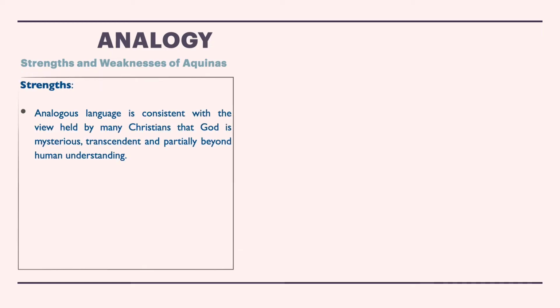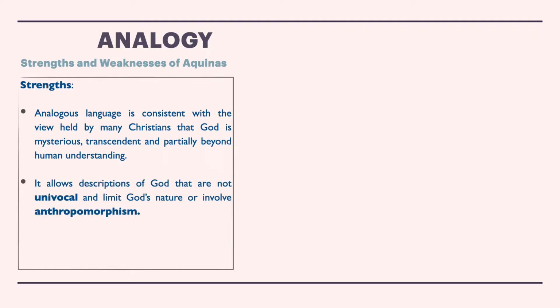Some strengths are that analogous language is consistent with the view held by many Christians, that God is mysterious, he's transcendent, he's partially beyond our understanding. And so the use of analogy here upholds the principle that God is the creator, that he is greater than the created.